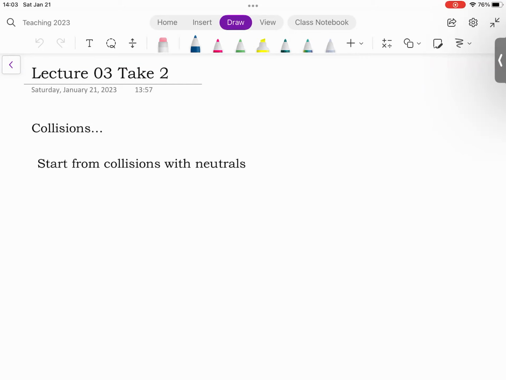of some importance. Why do we care about collisions with neutrals? The reason is that, not in all plasmas you can imagine, but in many, there are going to be neutrals around, and therefore we will have to wonder what these neutral particles do to my plasma. Is it going to have any importance if I have any neutrals in my plasma or not?